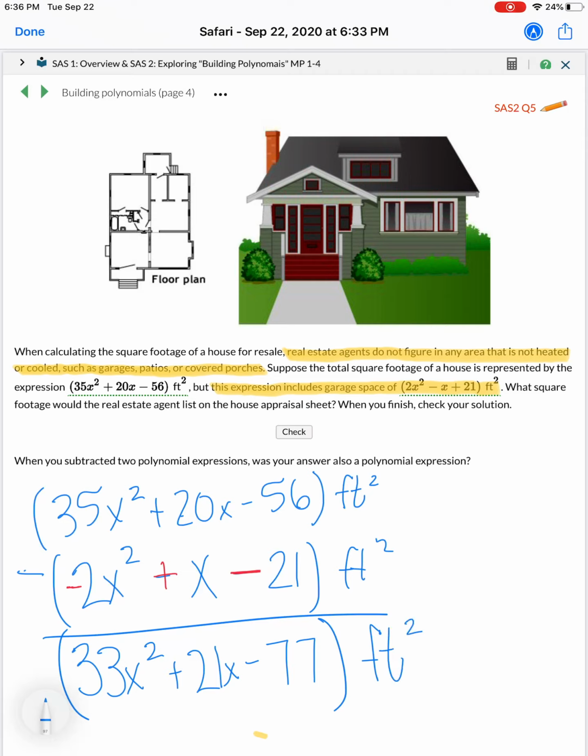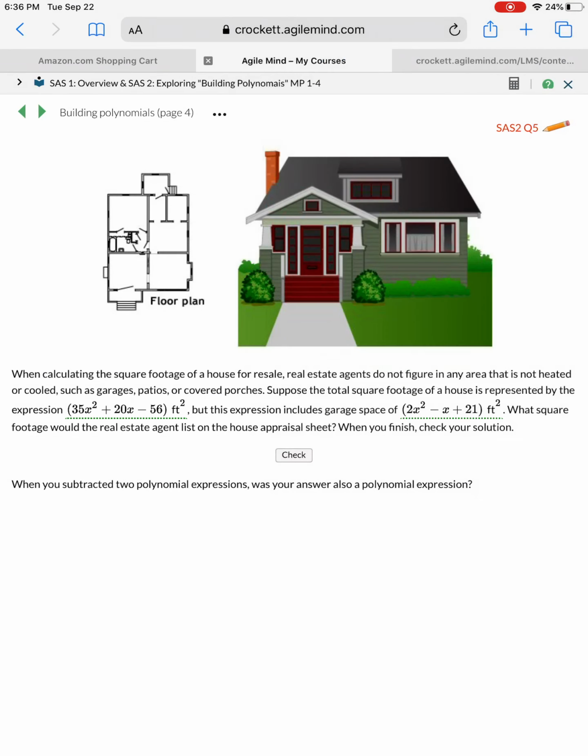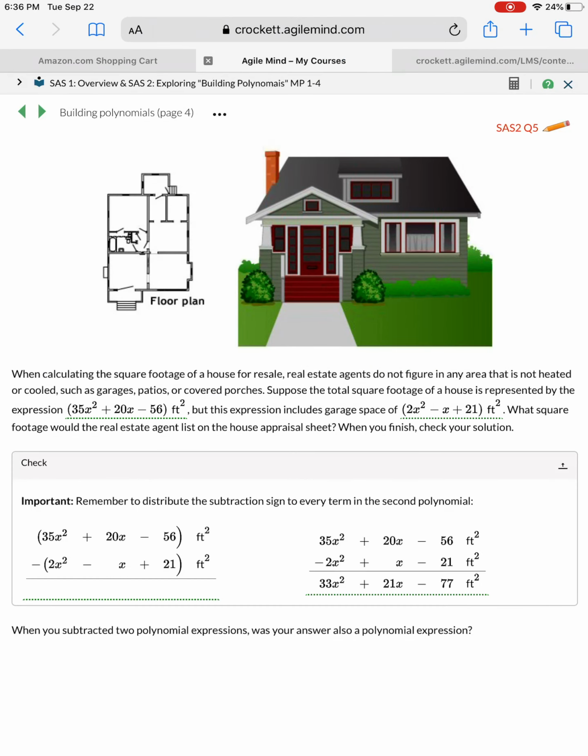And this is feet squared. Okay, so now I want to check our answer. So they did the same thing that we did. Look, they even said important. Remember to distribute the subtraction sign to every term in the second polynomial. Okay, cannot forget that.